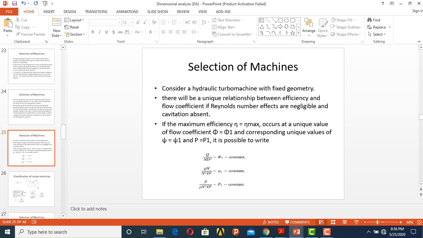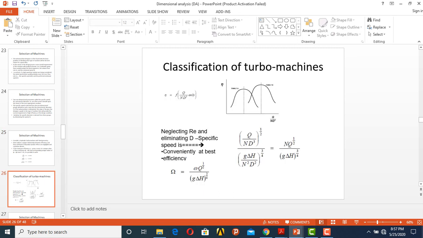So in such a case, for us to get a machine which will give us maximum efficiency, we need to come up with the flow coefficient, the power coefficient, as well as the head coefficient. These coefficients will help us to come up with a specific speed which will help us to get the machine which will operate at high efficiency.